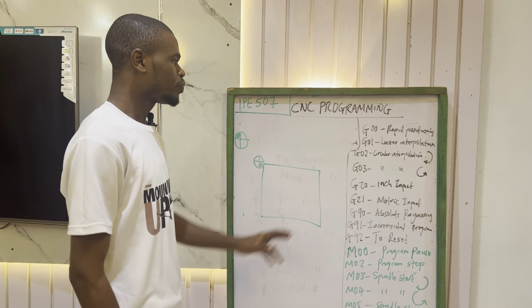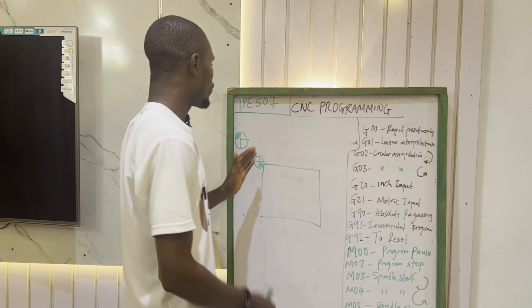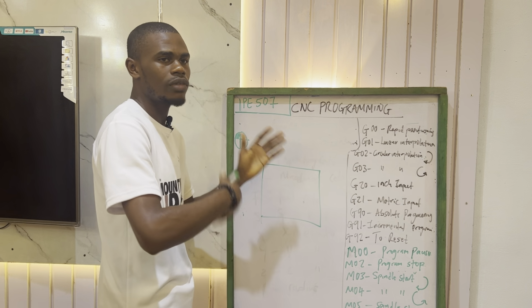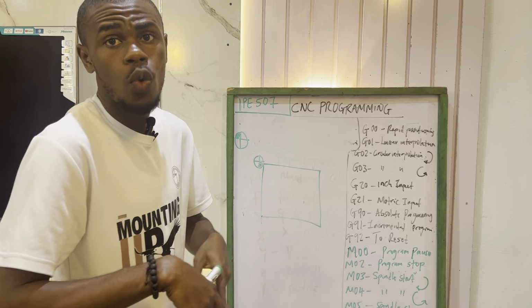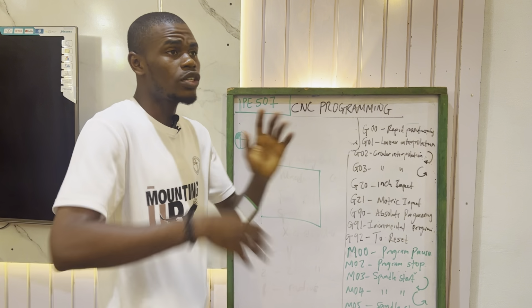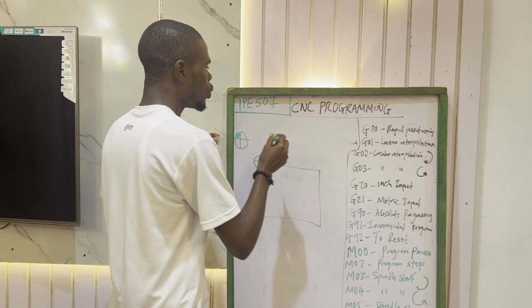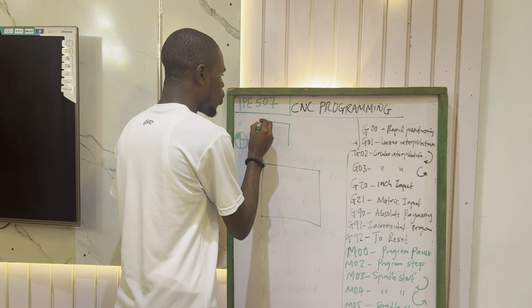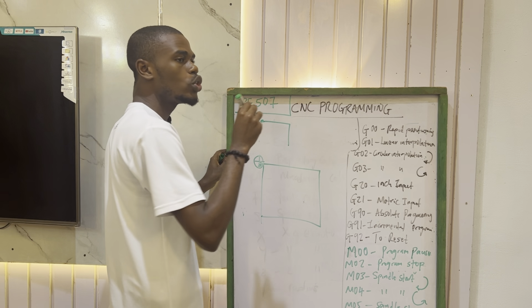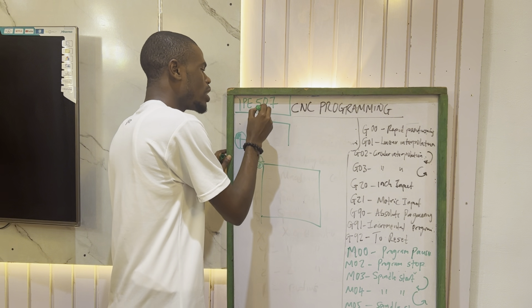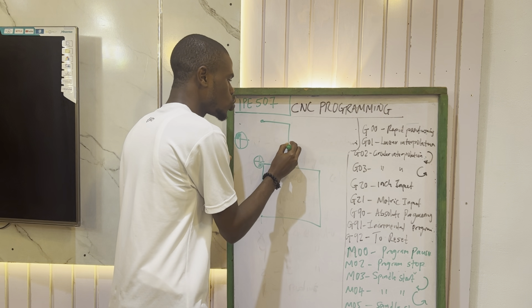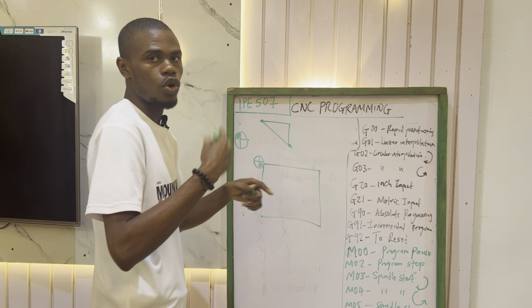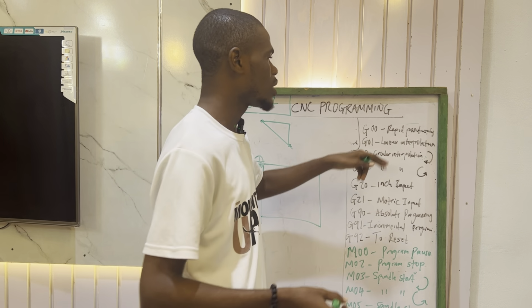So G00 is to rapidly take your cutting tool from whichever position it is to the place you want it to be. It may not be moving X, Y, Z. You want to follow the shortest distance by which you can take the tool from this point to here. So we don't have to follow through the X, Y direction. You can just take it directly to this place. It's called rapid positioning.